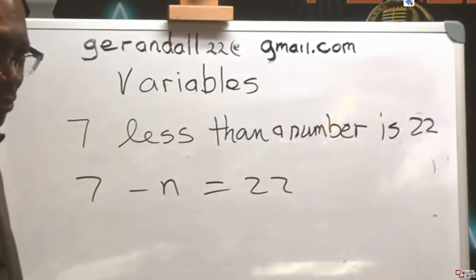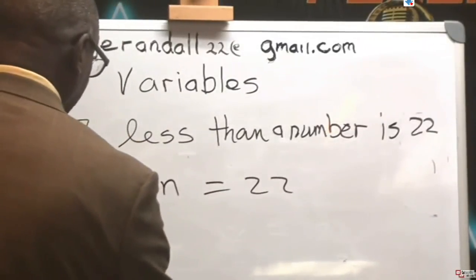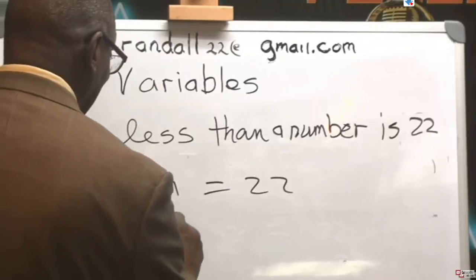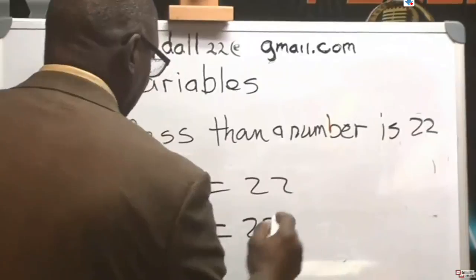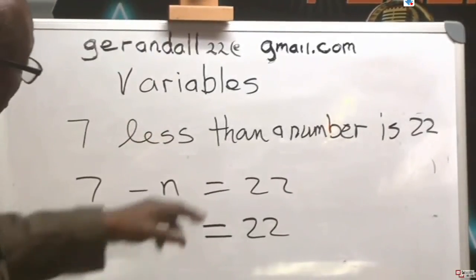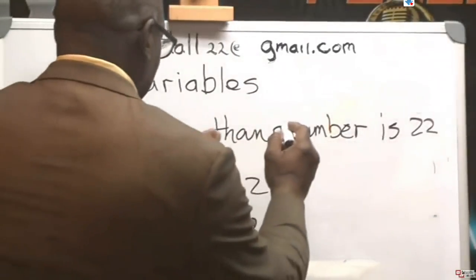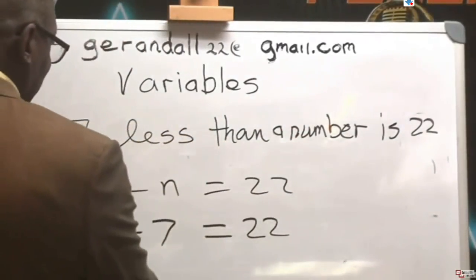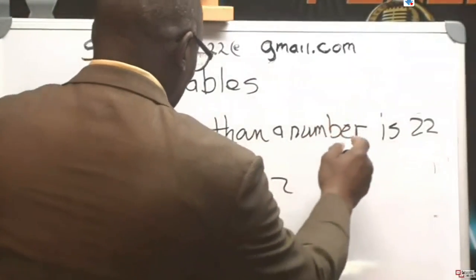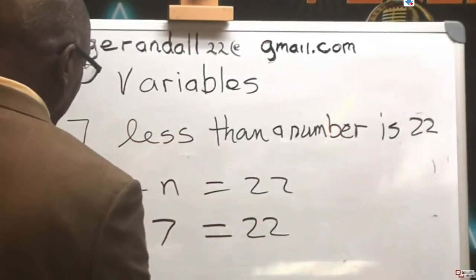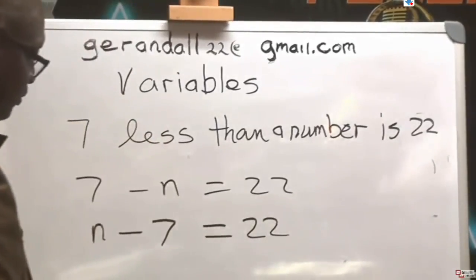That's why we have to be able to read. That's really, the number came first. We subtract 7 and we get 22. Must be able to interpret what that says. That says the number, even though 7 came first, 7 less than a number. So you have the number, you subtract 7, and it equals 22.